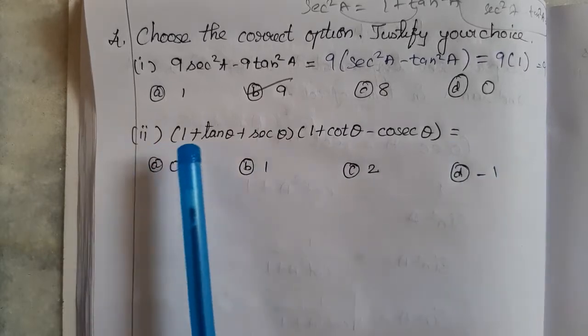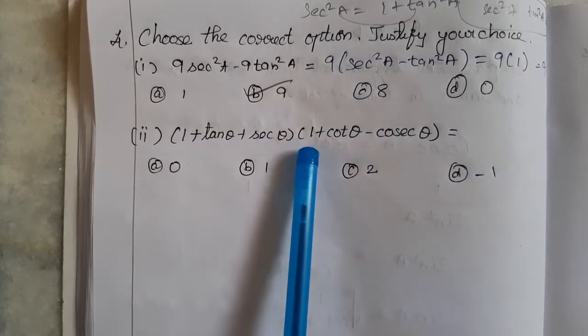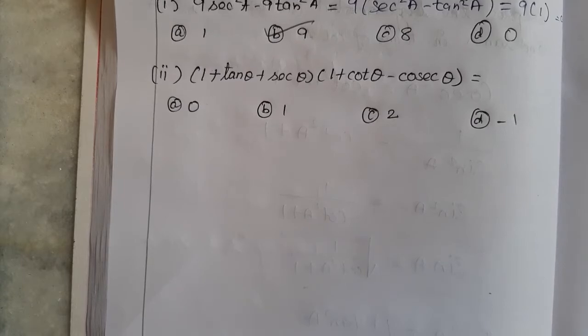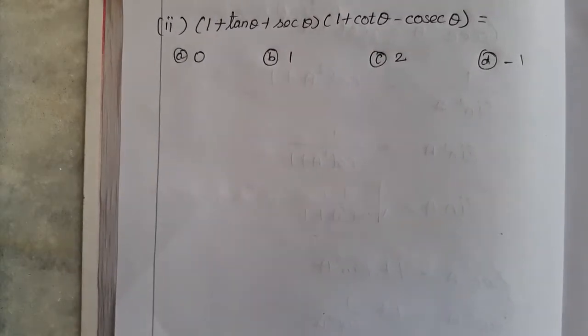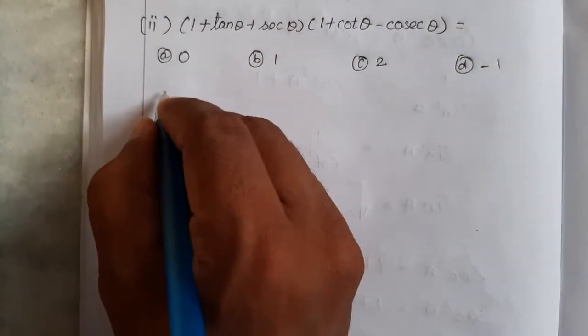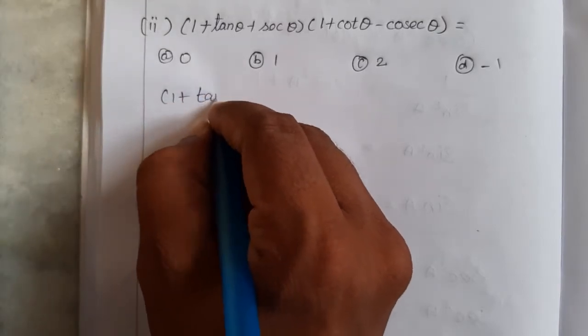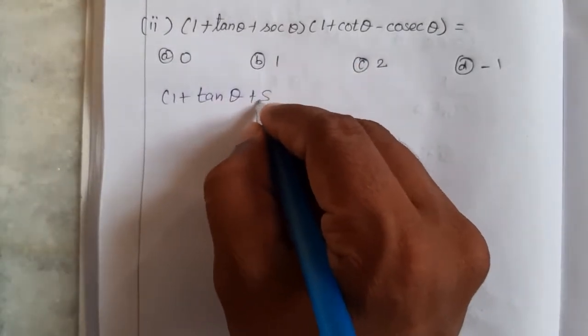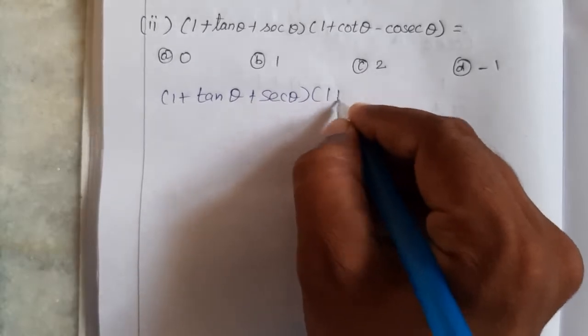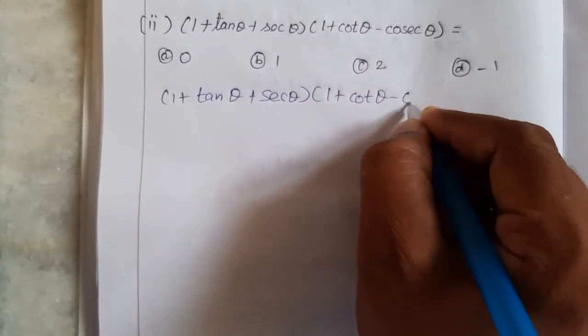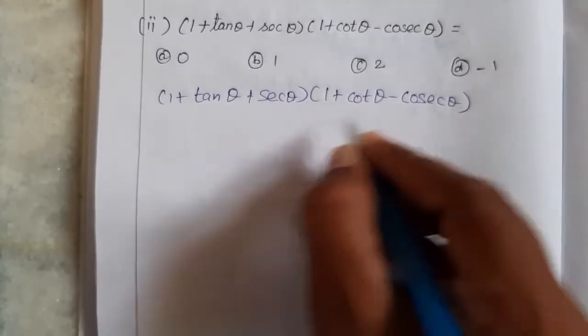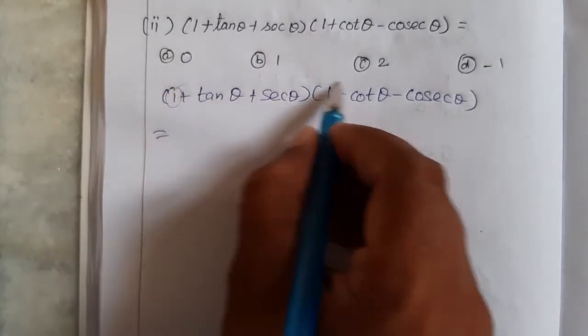So next one is 1 plus tan theta plus sec theta into 1 plus cot theta minus cosec theta. Just we can expand and do the simplification process, then we will be getting some value, I think. So let me try. Let me first multiply 1 with all those terms.